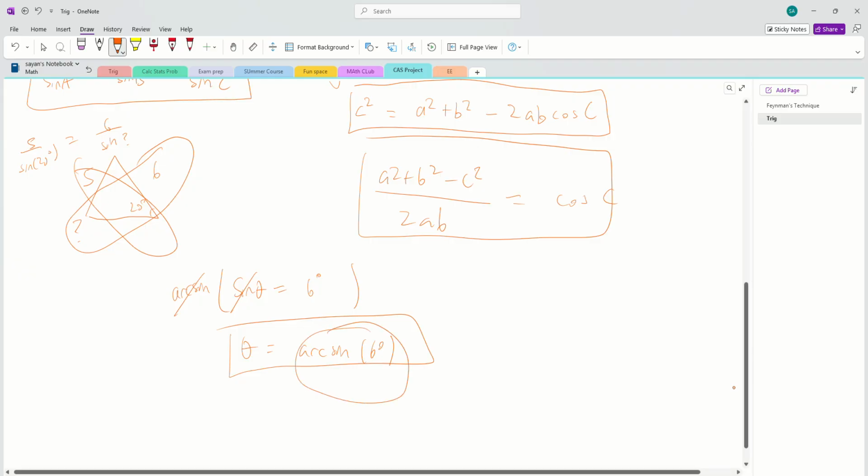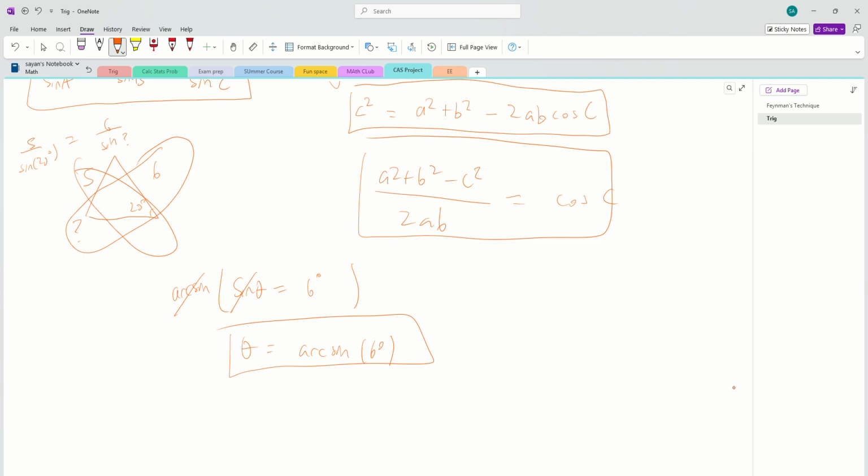You can leave that. If it's a common angle though, then I would simplify it. For example, arc sine of pi, or in other words, 180 degrees, is just 0, so I would just put 0.